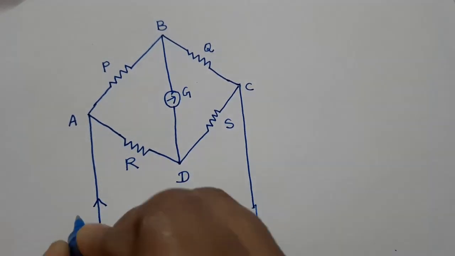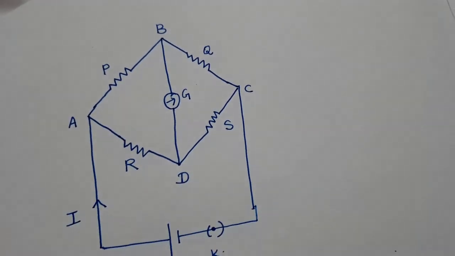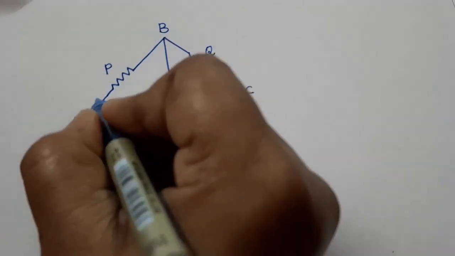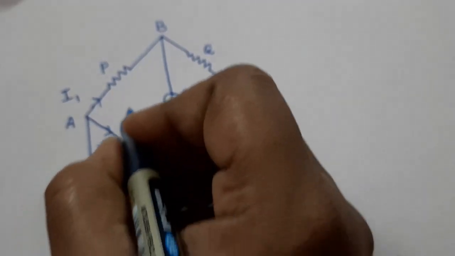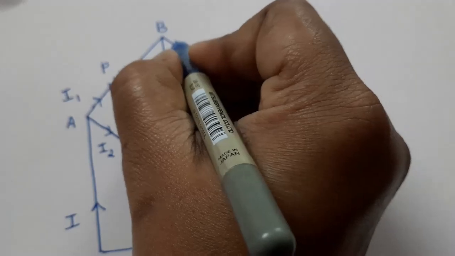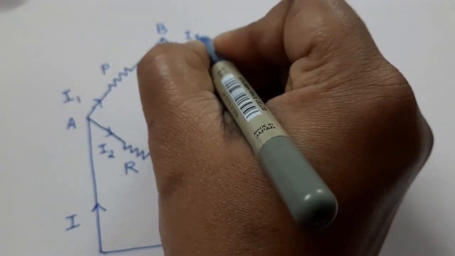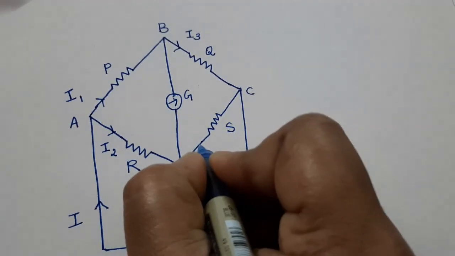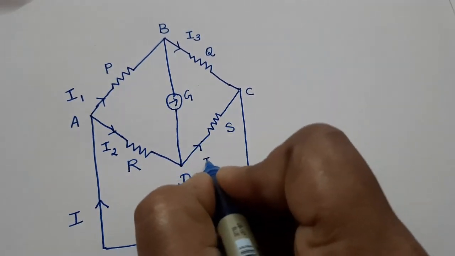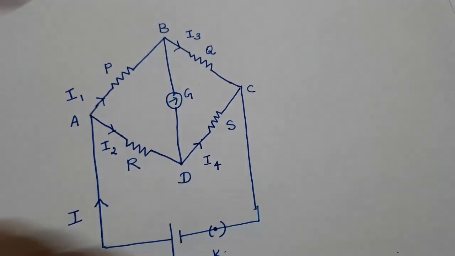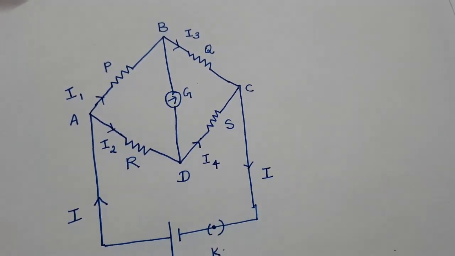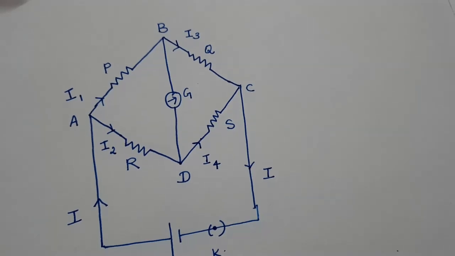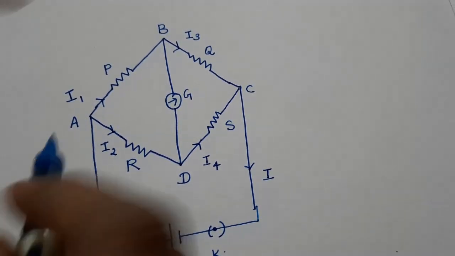When a current of I amperes reaches junction A, it branches out as I1 and I2, and when it crosses the junctions, it goes as I3 and I4. Again, when it comes out of the junction, it is I. This arrow mark is very important.